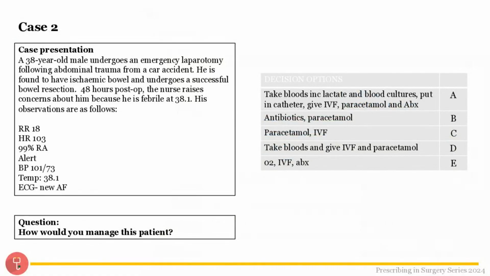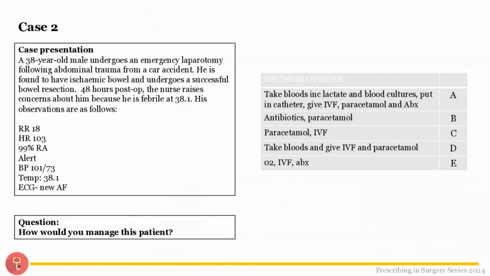So case 2, we've got a 38-year-old man who undergoes an emergency laparotomy following an abdominal trauma from a car accident. He's found to have ischemic bowel and undergoes a successful bowel resection. 48 hours post-op, the nurse raises concerns about him because he's febrile with a temperature of 38.1. These are his observations.